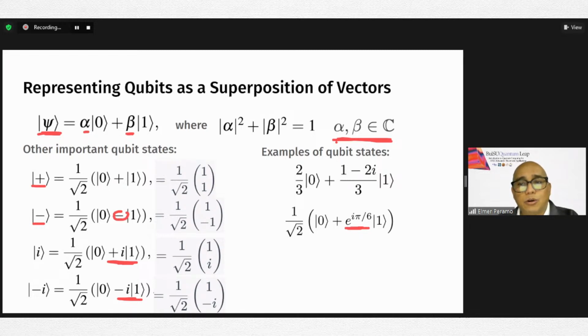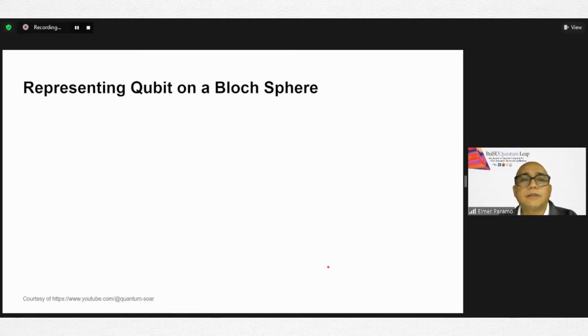In books or in literature, you're going to see these coefficients in exponential, polar, or rectangular form, so be very familiar with these notations. This is an example of a qubit state also, and this is also an example of a qubit state. As you can see, they are all now complex numbers.